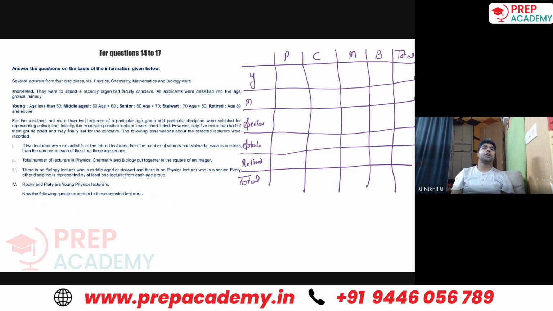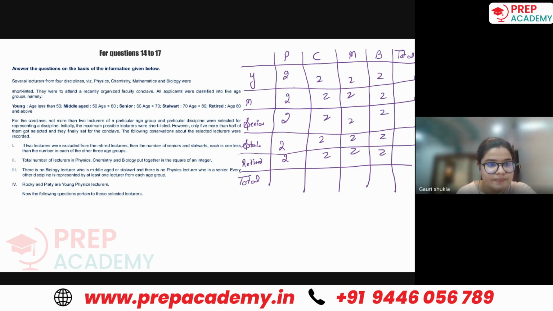For the conclave, not more than 2 lecturers of a particular age group and particular discipline were selected for representing a discipline. So what is the maximum value which can go here? 2, isn't it? So 2 can be the maximum value in each of them.